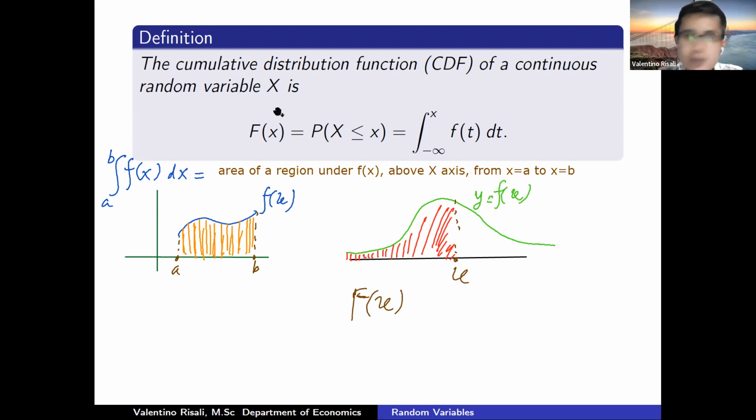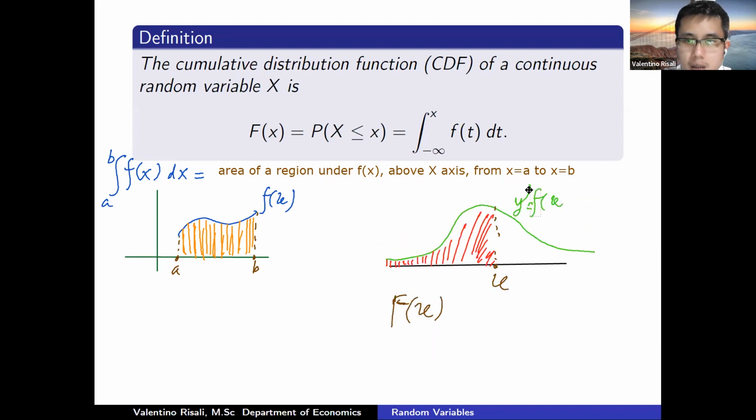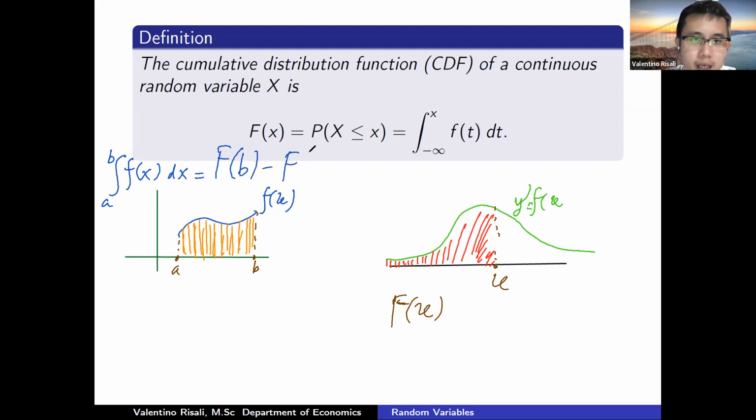And for our integral, we can use this general formula, that is the integral of f(x) from a to b is equal to F(b) minus F(a), where F(x) is the integral of little f.